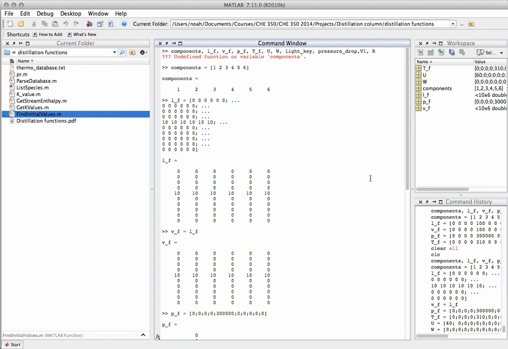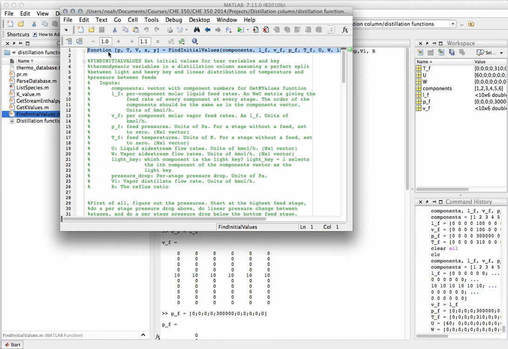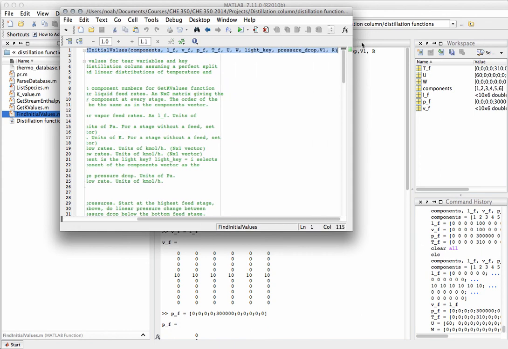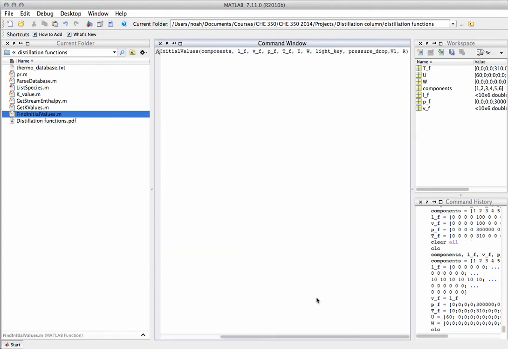Okay, so we can do this whole thing. Let's just use the function prototype to copy what we're going to enter here. Go to the top.